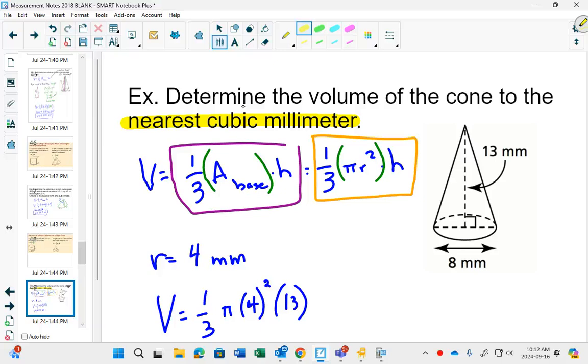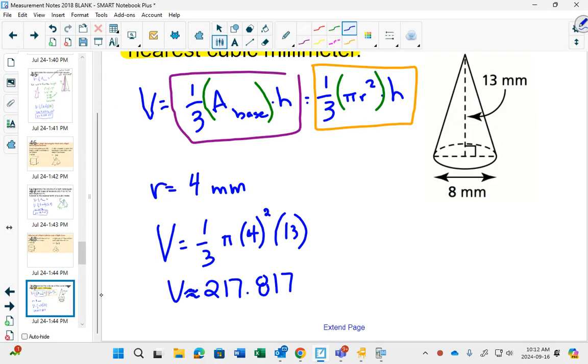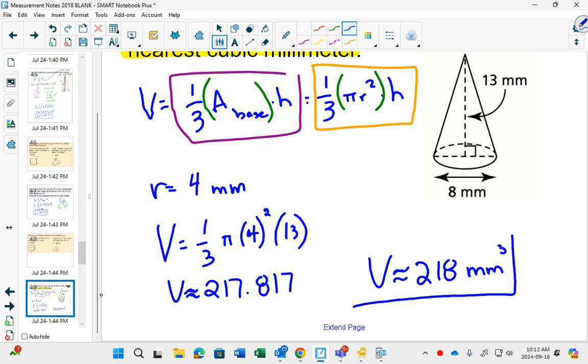So sometimes we get used to words like nearest tenth, nearest hundredth, or round to 2 decimal places, but I wanted to highlight this one because sometimes when it's just wanting you to round to the nearest whole number, it might be written this way, and then that can be a little bit tricky. So here's my final answer, 218, include my units. It's a volume, so my units are cubed. Millimeters cubed.